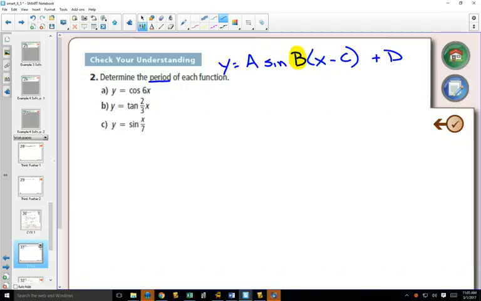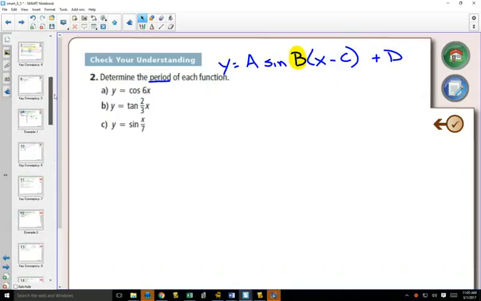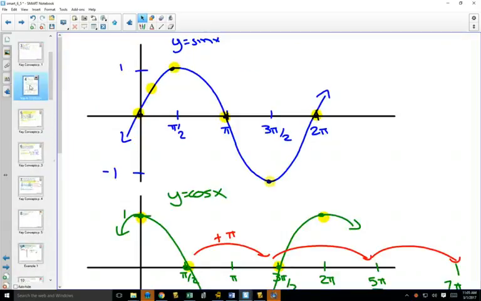Because sine and cos and tan are periodic functions. That means that they repeat themselves over a certain interval. So if we look back at our normal graphs that we'd drawn in our notes the other day, here's our normal sine graph.